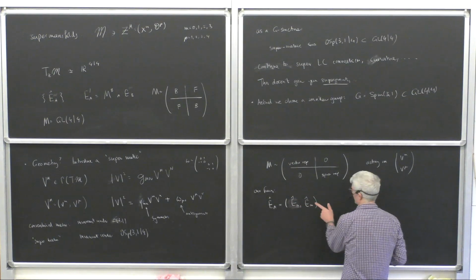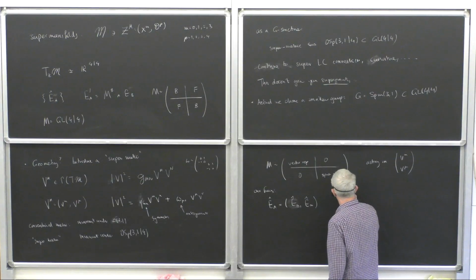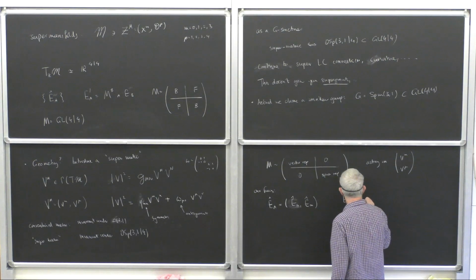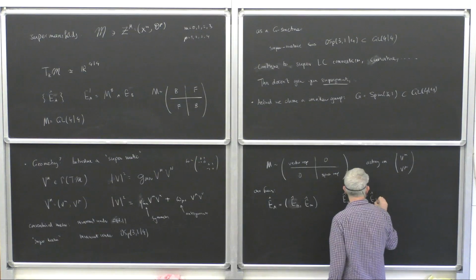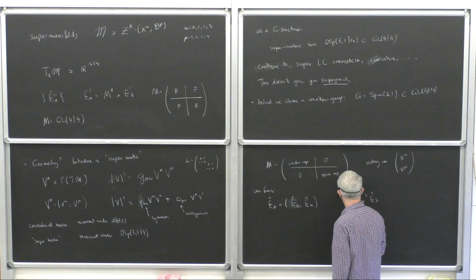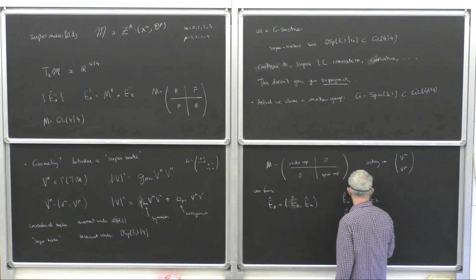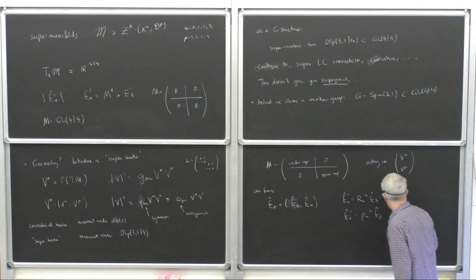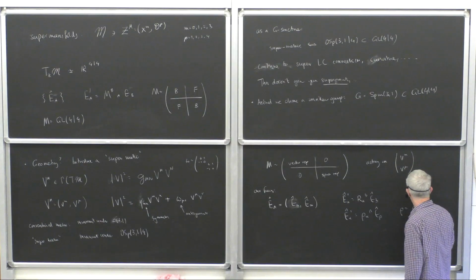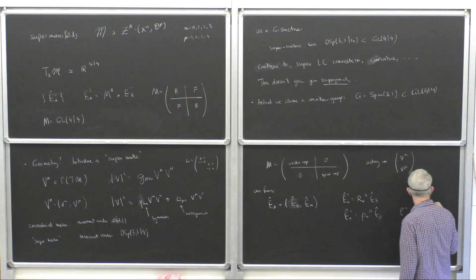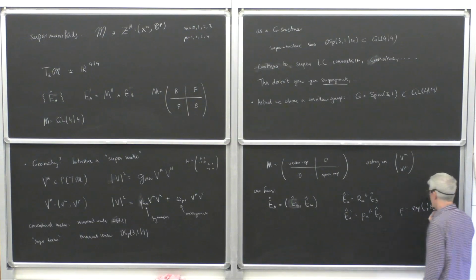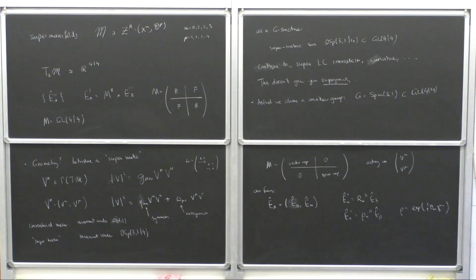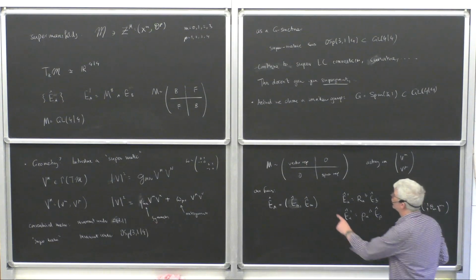And I should really say that E hat A prime is some R A B, E hat B, and E hat alpha prime is some rho alpha beta, E hat beta, where the rho looks like the exponential of a quarter some parameter theta mn gamma m gamma n, right? That's the spinor representation. Is that okay? So we're choosing a smaller group.